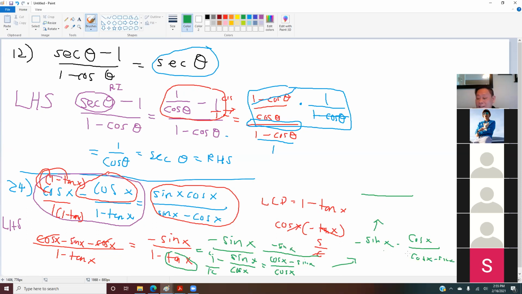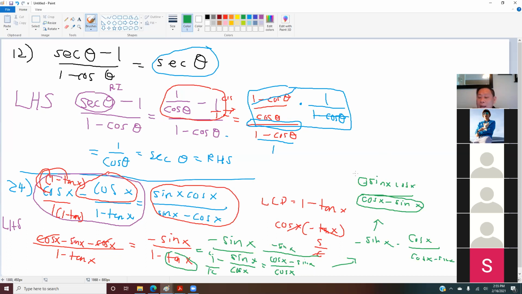You cannot cancel because there's nothing that can be canceled here. So the top one you get negative sine x cosine x. But the bottom one you get what? Cosine x minus sine x. Is this the same as your right-hand side? No, because you have a negative here, and this is switched around, right?